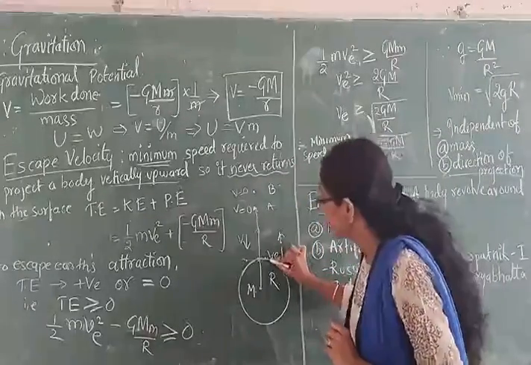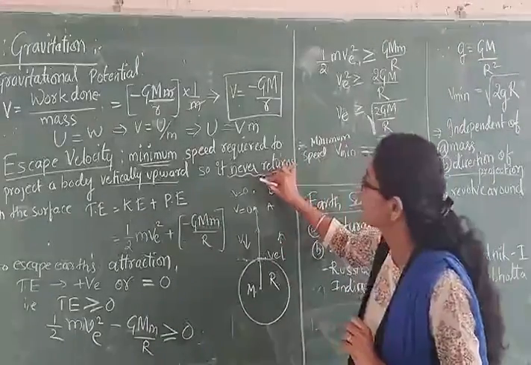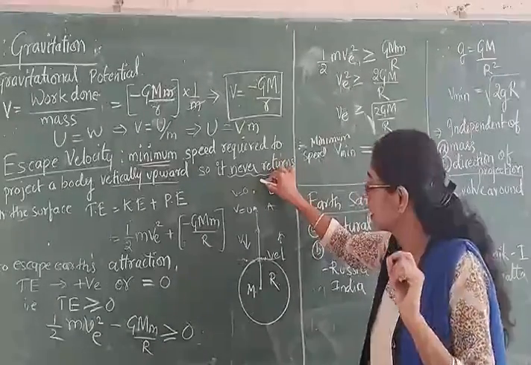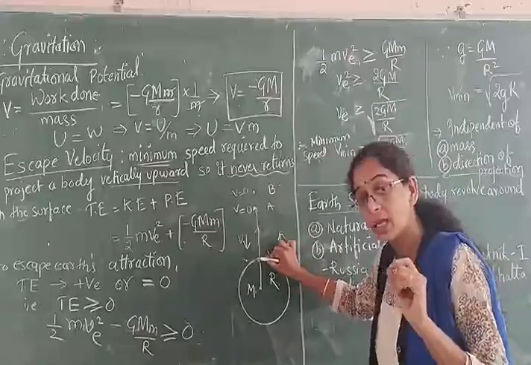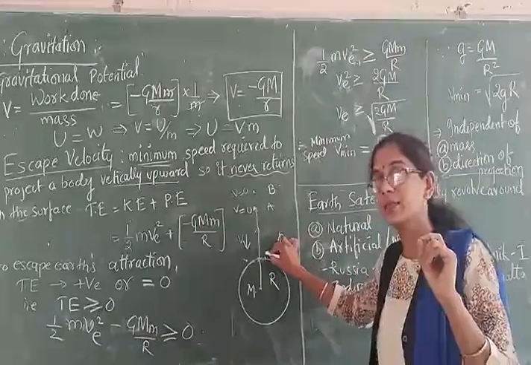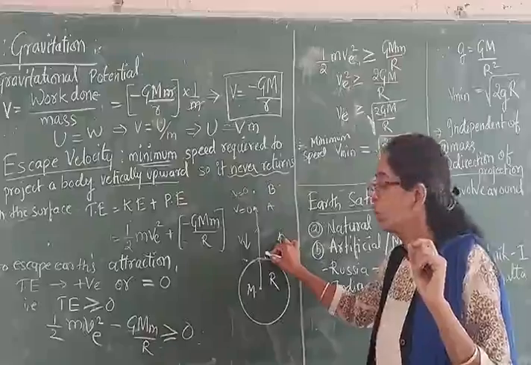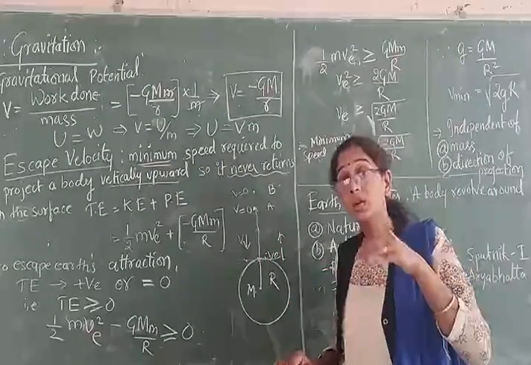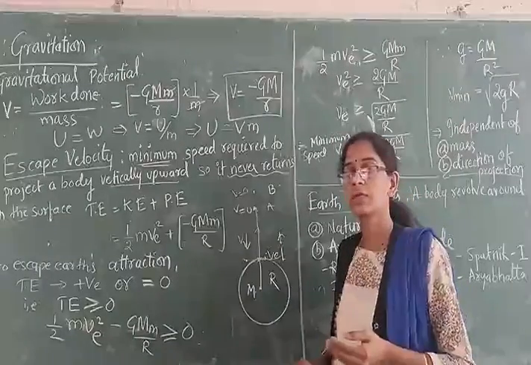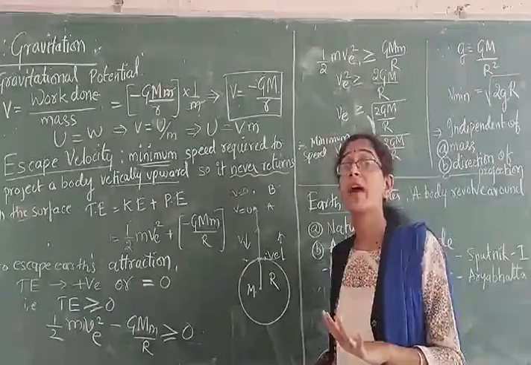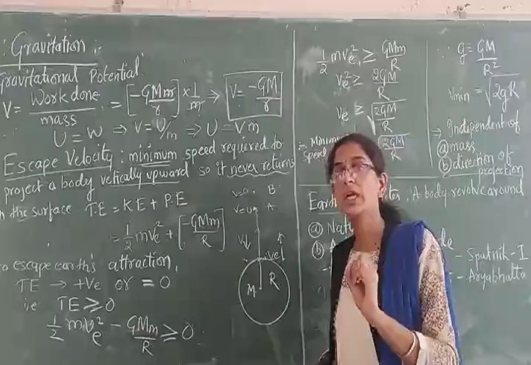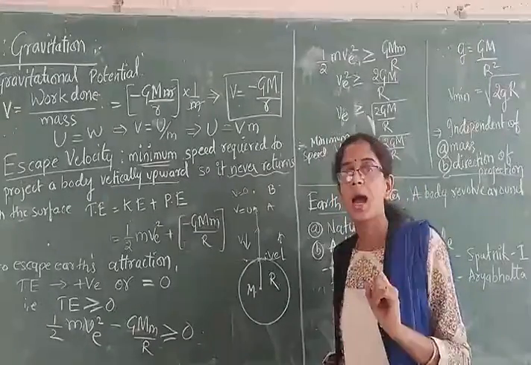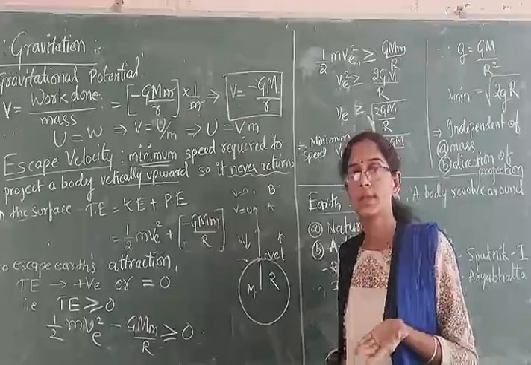So potential energy at maximum height will have the maximum reading, whereas kinetic energy on the surface will have the maximum value. Now, if I want to make the object move away from the Earth's surface, the total energy of the object should be either a positive quantity or it should be equal to 0.